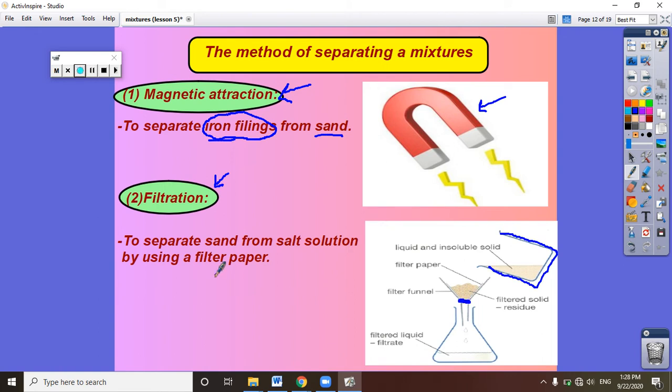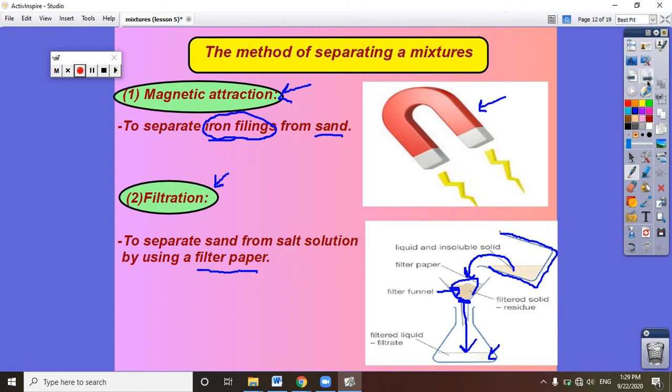We put the filter paper here, and we pour the sand and water mixture in. What will happen? The water will pass through the filter paper and remain here, and the sand cannot pass through the filter paper and stays here. So that's the sand and that's the water. By the filtration process, using filter paper, we can separate sand from water.